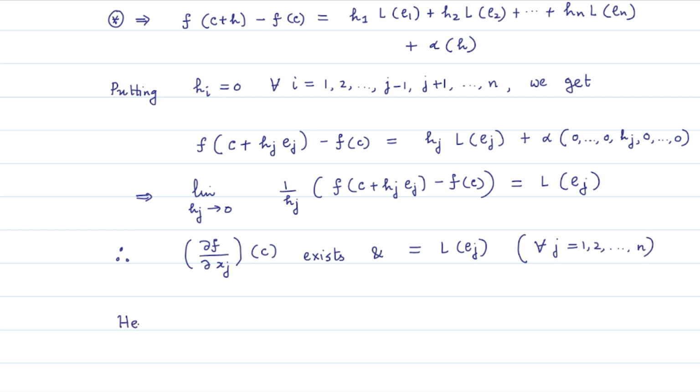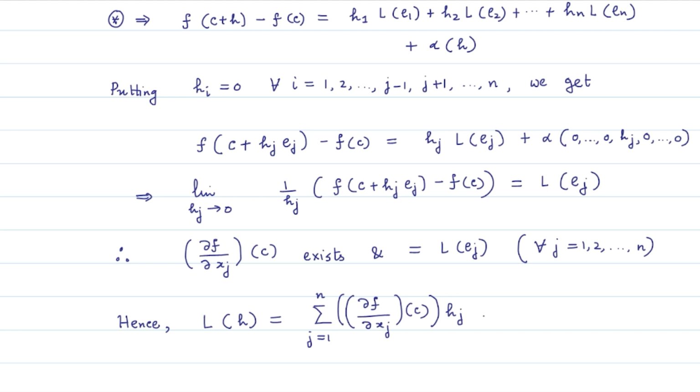Hence, ultimately we get that the expression of the linear function L of h is the summation of j equal to 1 to n of the partial derivative of the function with respect to the jth variable xj at C times the scalar hj.